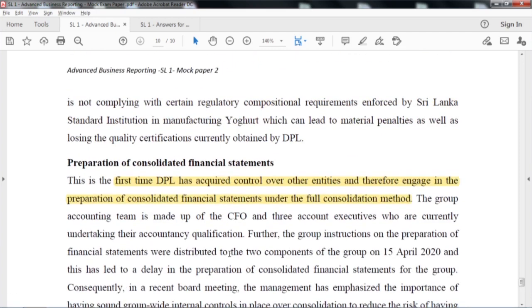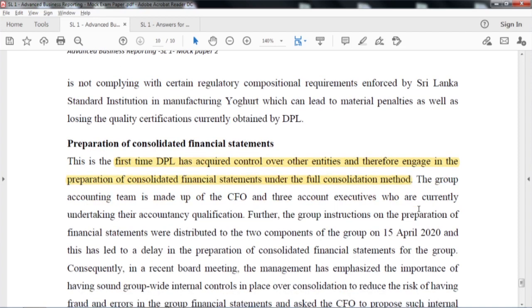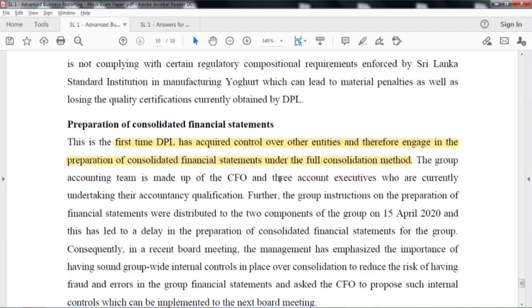If it is a consolidated financial statement, one of the risks you can write is that at financial statement level, they have less experience to prepare consolidation, because it is the first time they are doing the consolidation. The CFO and 3 account executives are currently undertaking their accounting qualification, so this seems to be very new, right, not qualified, currently undertaking.